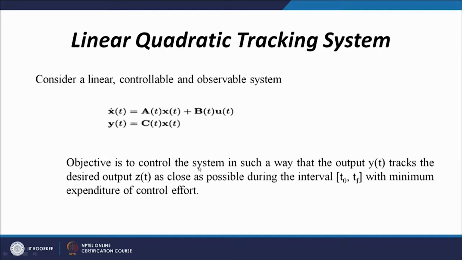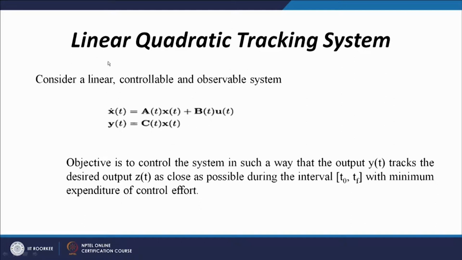The objective is to control the system in such a way that my output y t will track the desired output z t as closely as possible in a defined interval of time with minimum expenditure of control effort.